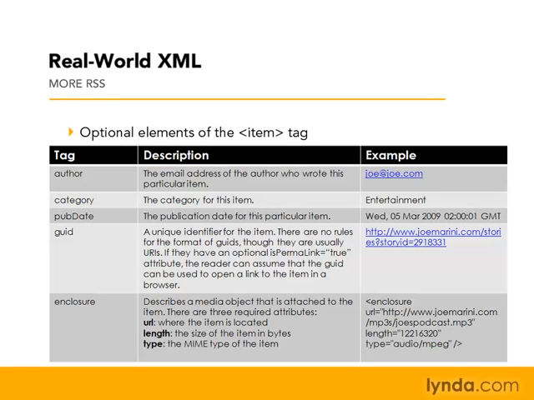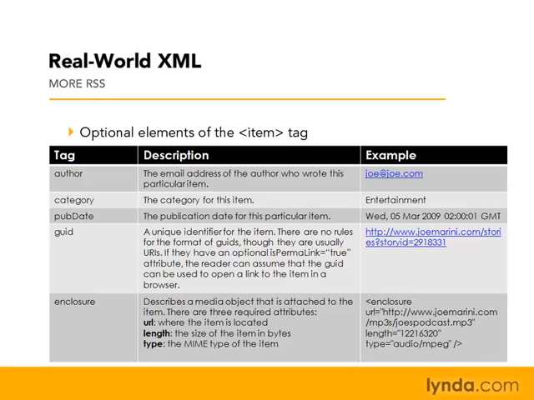The pub date is the publication date for this particular item. So this is the date at which time this particular piece of information was published and added to the feed. The next field is interesting. It's called GUID. A GUID means a globally unique identifier, and it's an identifier that's unique for this item. There are no rules for the format of GUIDs.